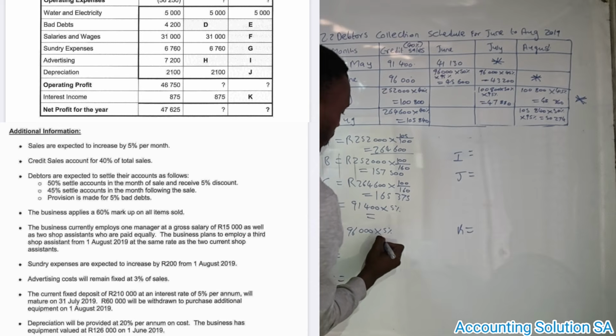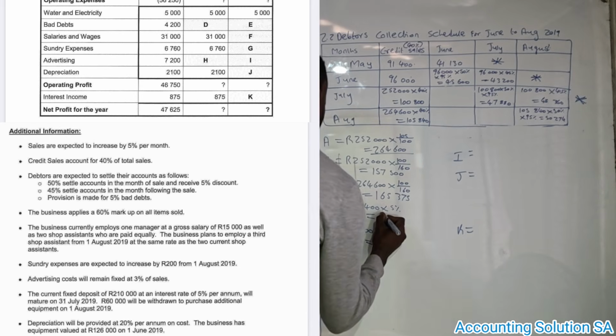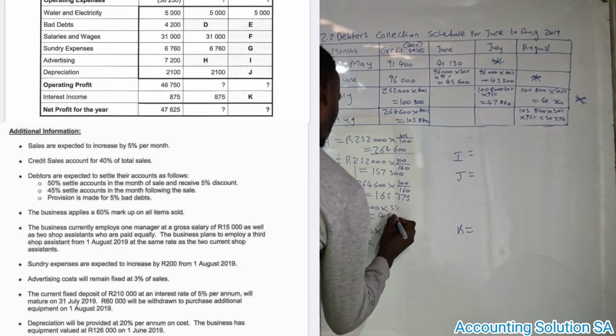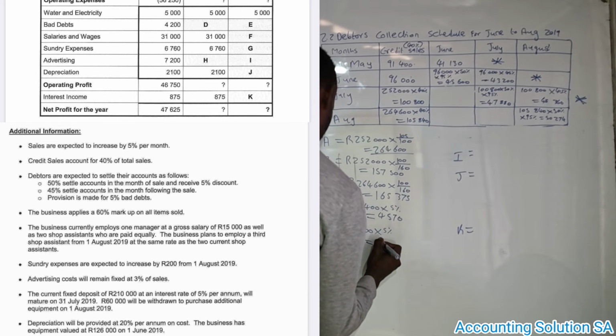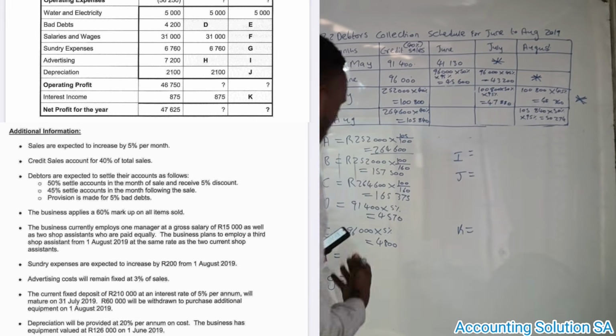Don't make a mistake and show bad debts, guys, under a collection schedule, only under projected income statement. Under cash budget it is not part of it. Okay, then it's going to be 4,570, and this one is going to be 4,800. Very simple.